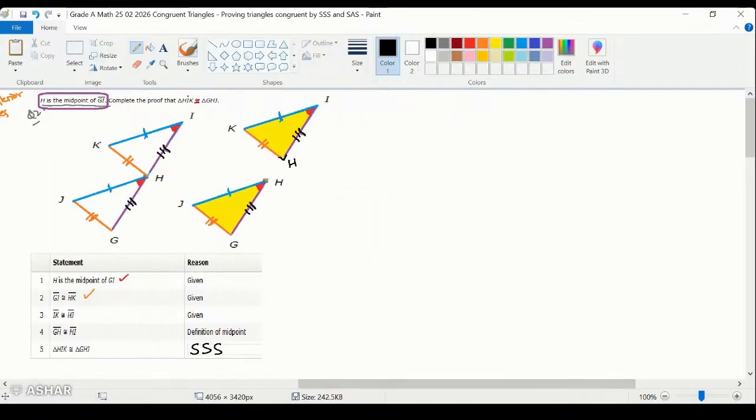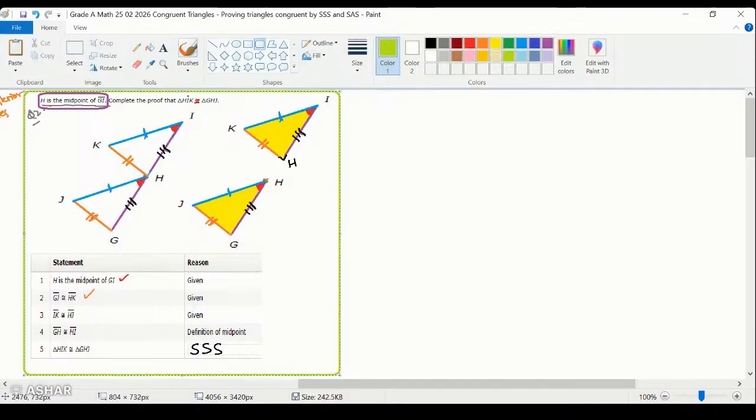For question number 3, I'll just separate this question so that we don't confuse it. Question number 3. Okay. Let's have a look at another example. The next question says, Y is the midpoint, and let's have a look.